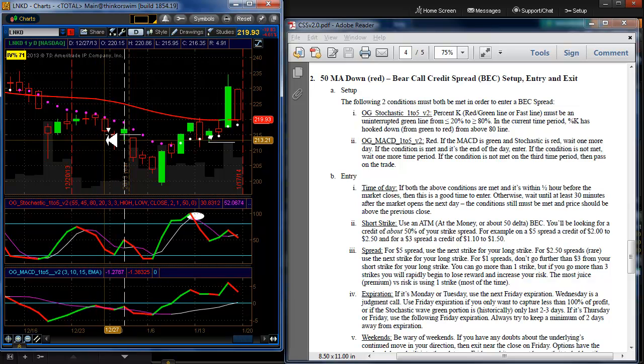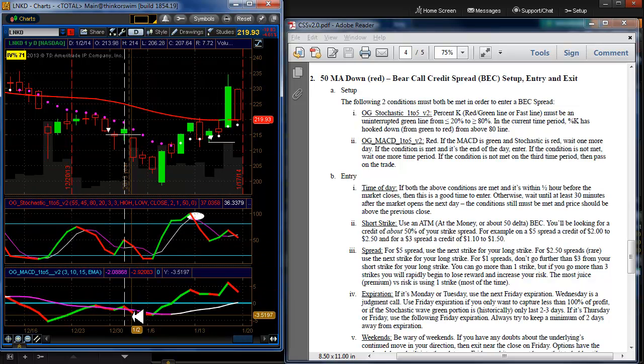So on the third day here, MACD did turn red. It was kind of late in the game, but it got in anyway. And you can see that I got in at the 215 level. And sweated out a couple of days, but I ended up exiting on this day here where we had a double red down.